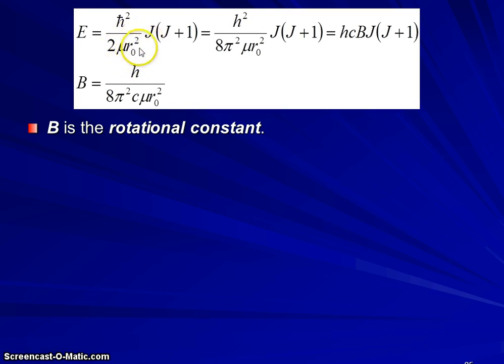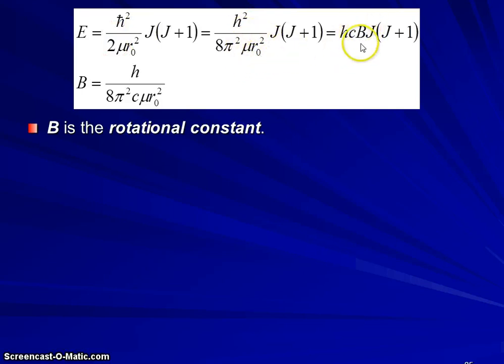R0 is the distance between those two reduced masses on the rigid rotor. So mu r squared is the moment of inertia. We have our quantum number, and then h bar squared over 2. So we could separate that into h squared over 4 pi squared, and so we have h squared over 8 pi squared total here, and then that moment of inertia term.